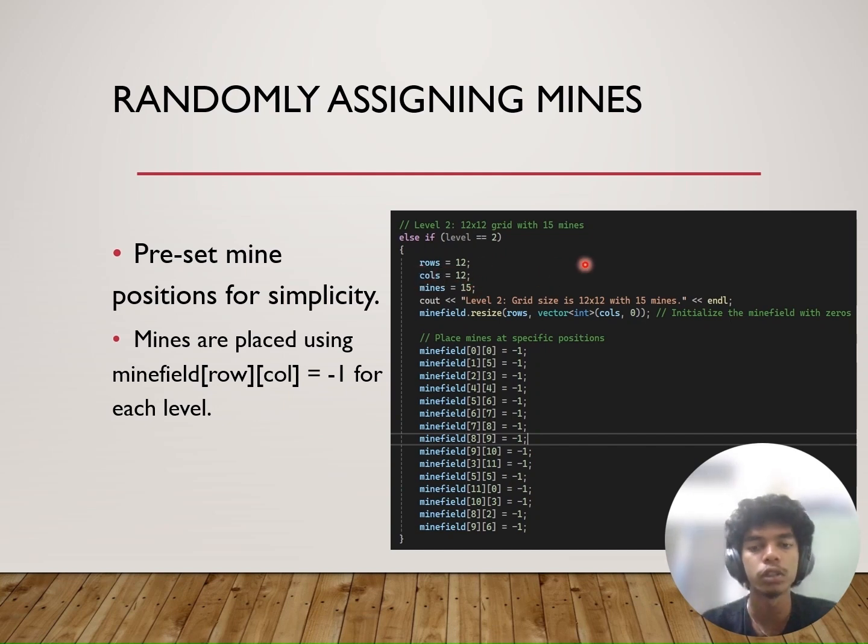So here I've taken a nested vector to store the values. So the number of rows in it would be 12 and columns would be 12, and the total mines are 15. So here I've just taken any random 15 values, and then I've initialized them as mines, and the mines will be represented with the number -1 for simplicity.